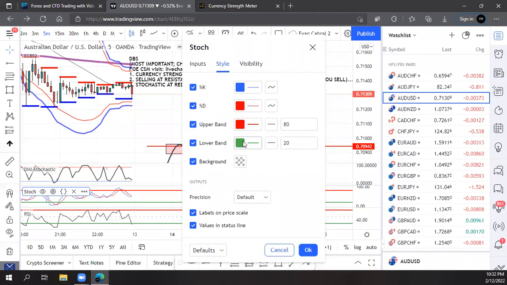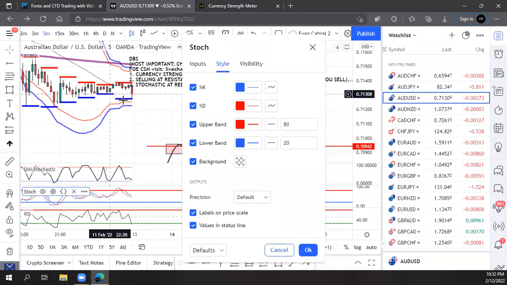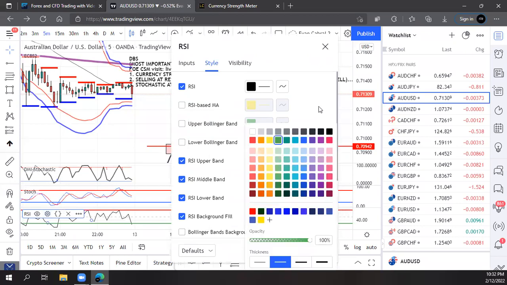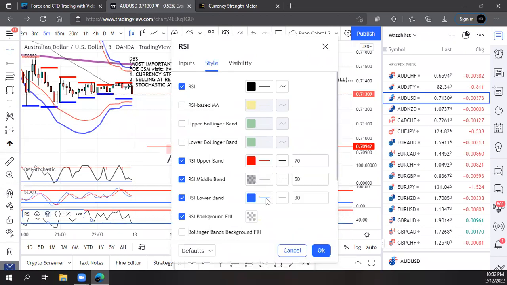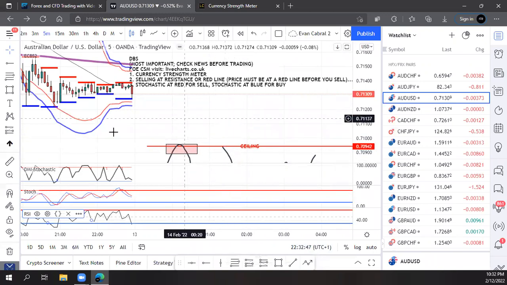I'm going to change the lower bands to blue, since we are working with red and blue. So all your lower bands, I want you guys to change to blue so that we'll be working with just two colors.